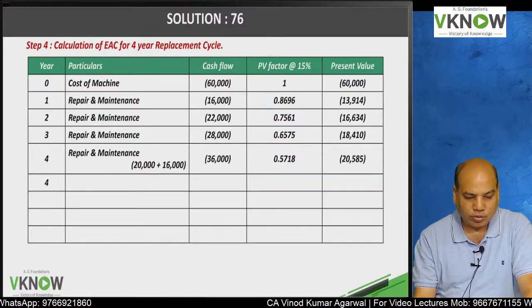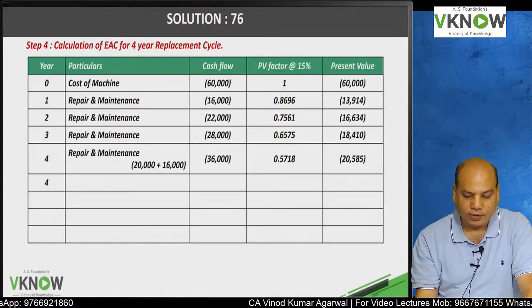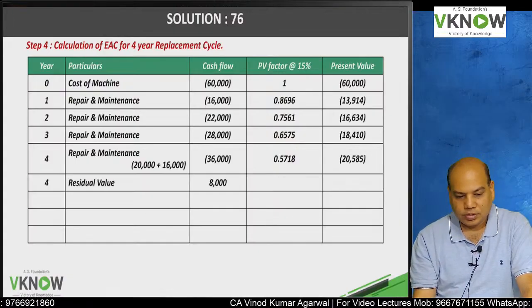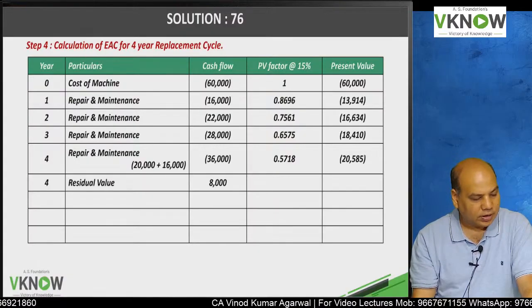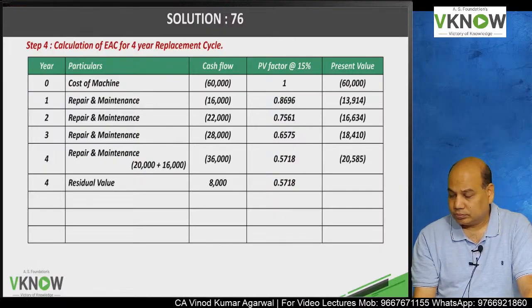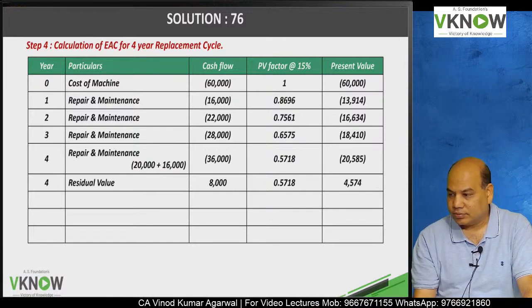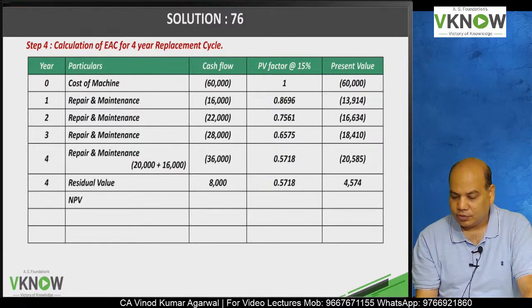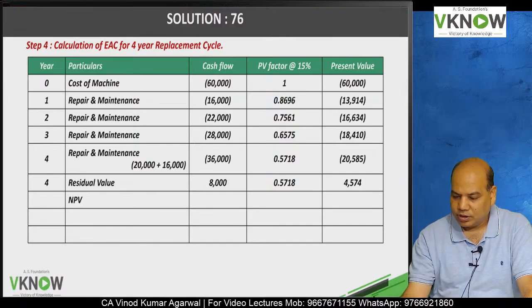Everybody please one more. Year 4 scrap value 8,000 is given. 8,000 times 0.5718, positive number: 4574. NPV.